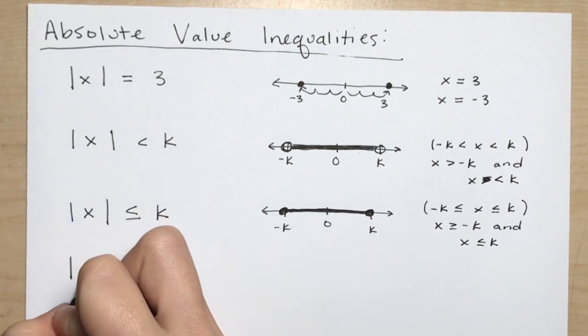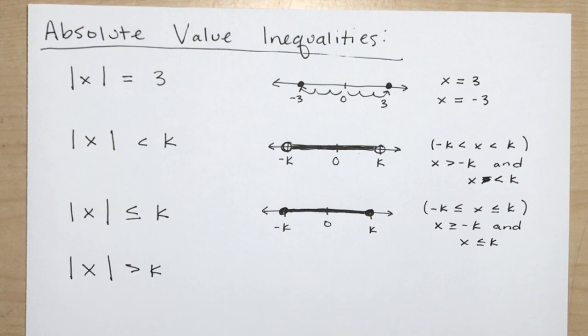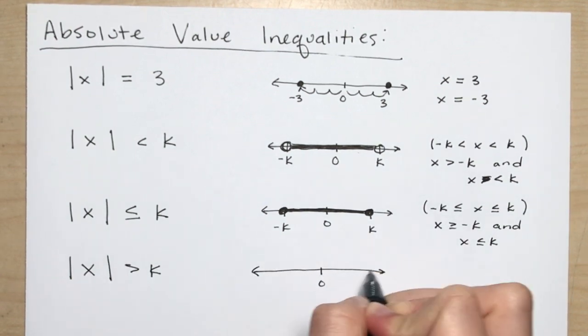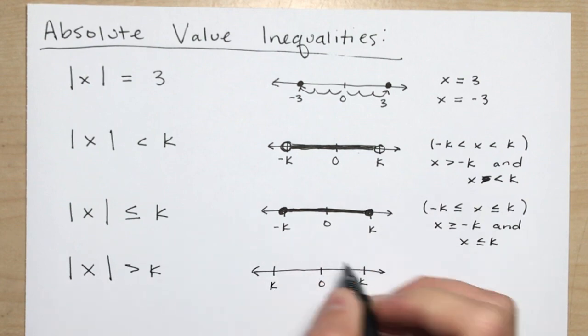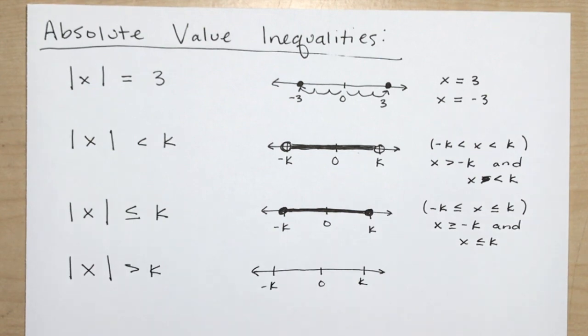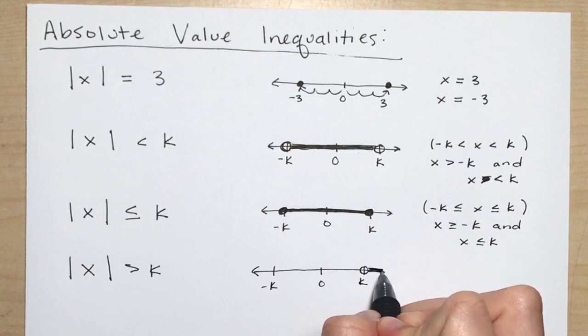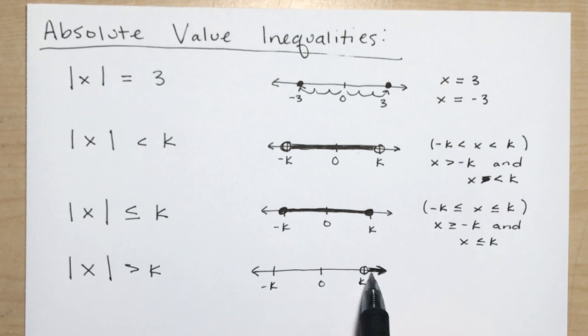All right, how does all this change if we start talking about greater than? Now we want our distance from 0 to be larger than k. Where is the distance larger than k? Well, it's outside. All this out here is further away from 0 than k.